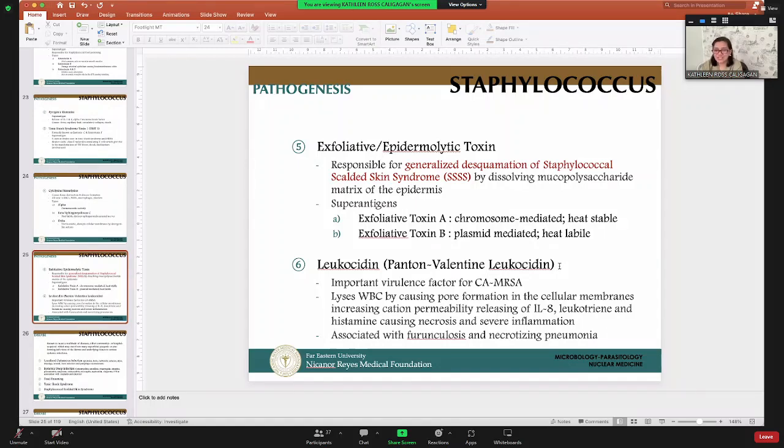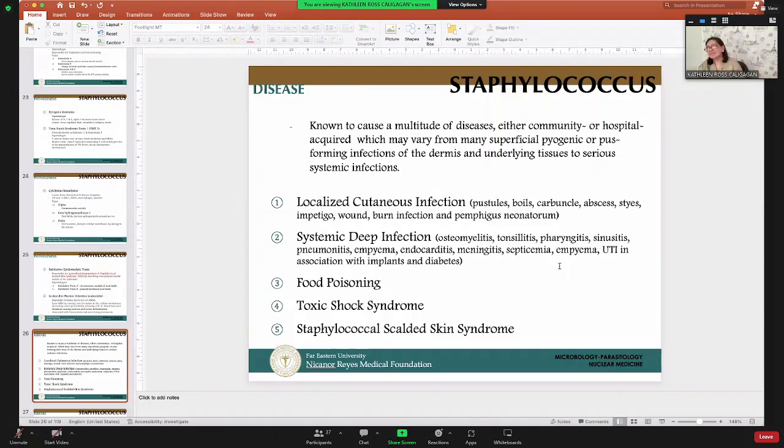It is associated with furunculosis and necrotizing pneumonia. So those are just some of the virulence, antigenic, and adherence factors of Staphylococcus that may lead to the different manifestations.